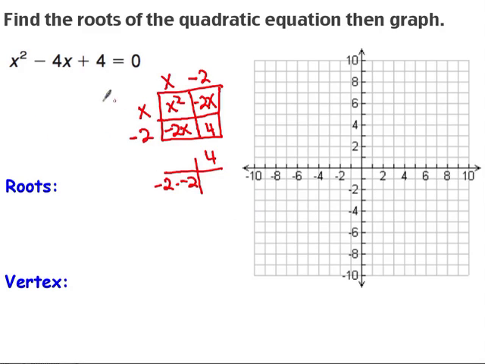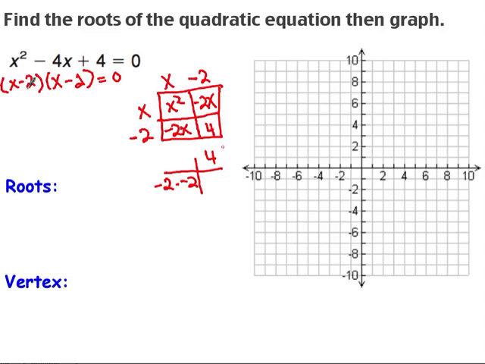Now these are my two factors, x minus 2, x minus 2. Don't forget to put the 0 there. Now to find the roots or the zeros, we solve for each one of these.